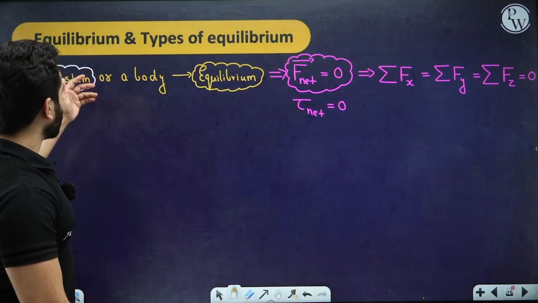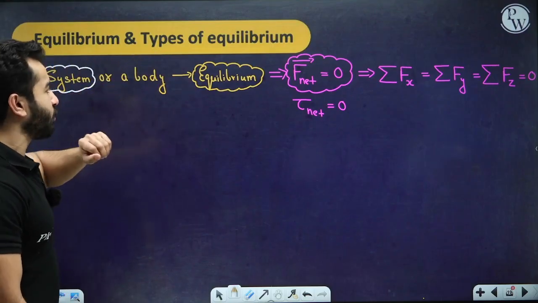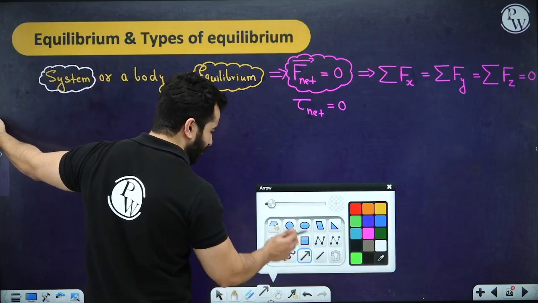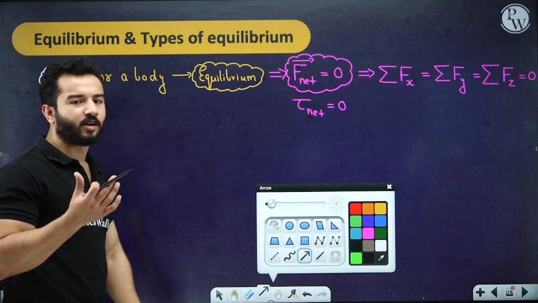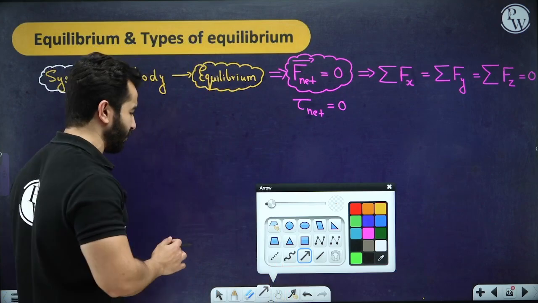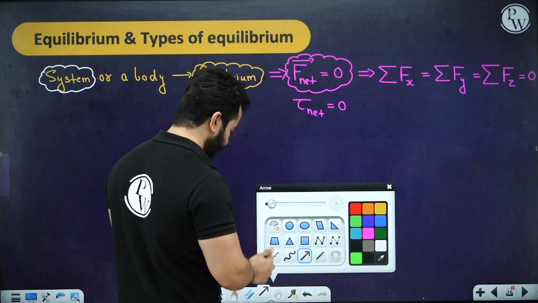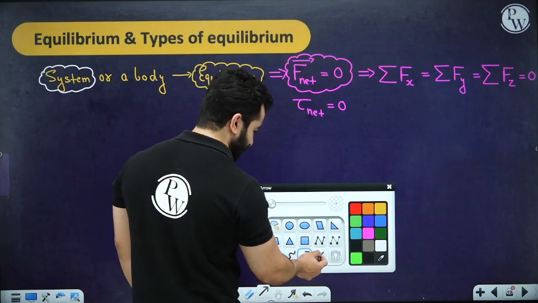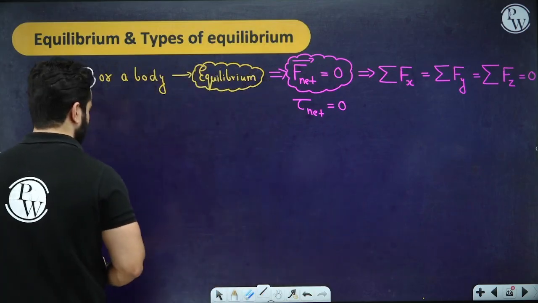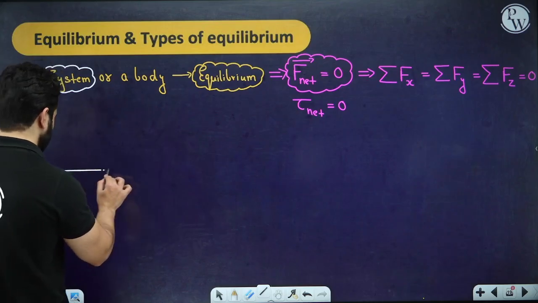After this, if this is all clear, we are going to talk about what the types of equilibrium are. To explain it in a very simple way, this is a type of example that you are going to see in different books and notes as well. The example is something like this.